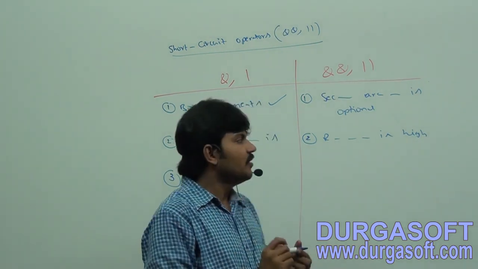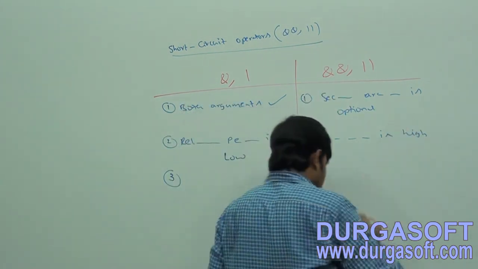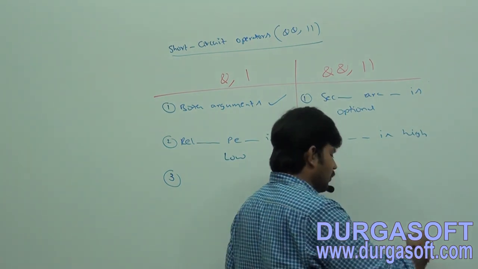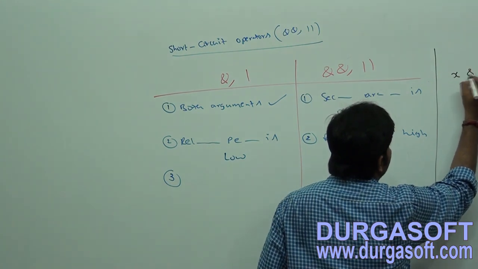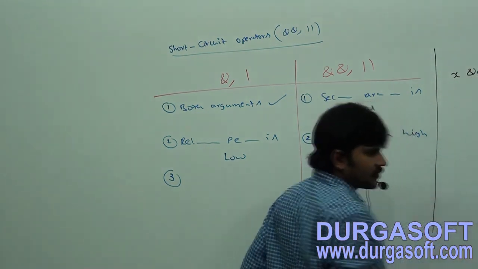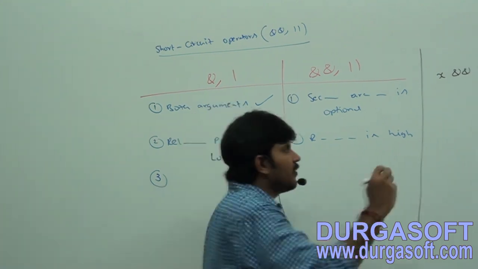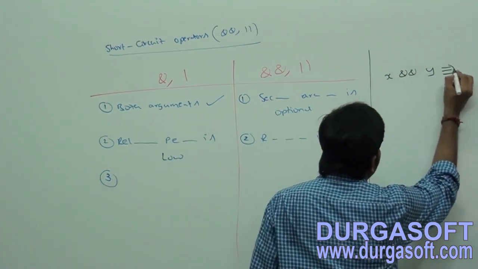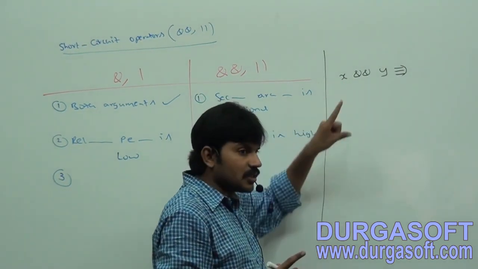Now make sure, if we consider double AND and double OR, just have a look at this part. Here see X double AND Y. Can you tell when Y will be evaluated? Y will be evaluated if and only if X is true.